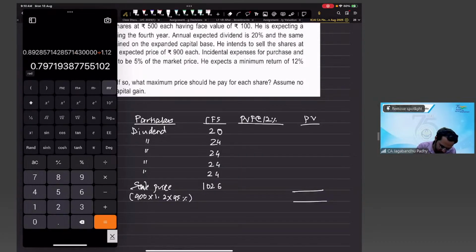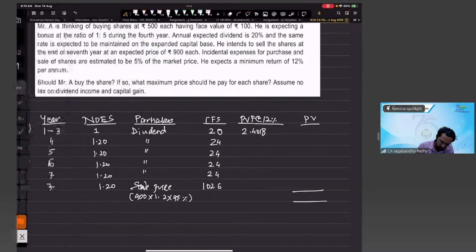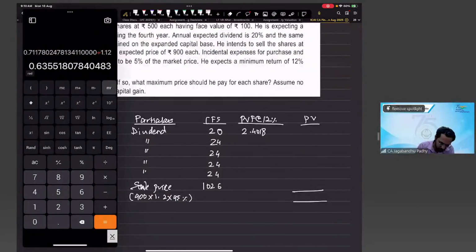Two, three. So the PV factor for the first three years is 2.4018. Then we have 1 divided by 1.12, first, second, third. Fourth year it is 0.6355.